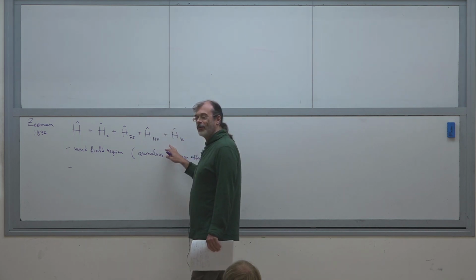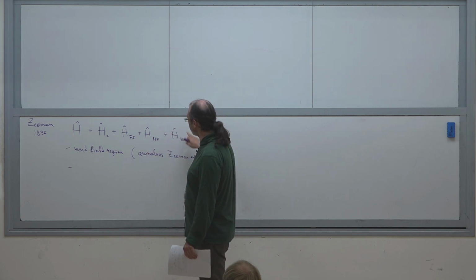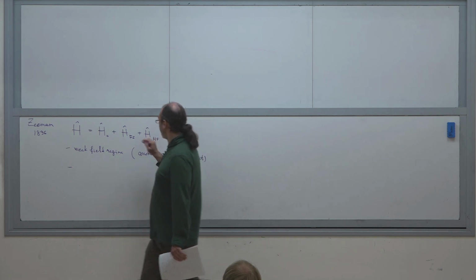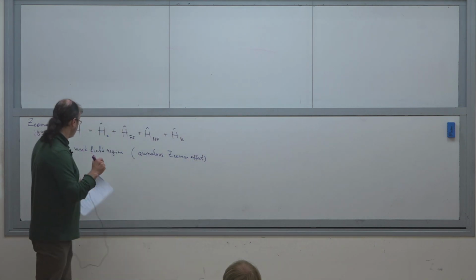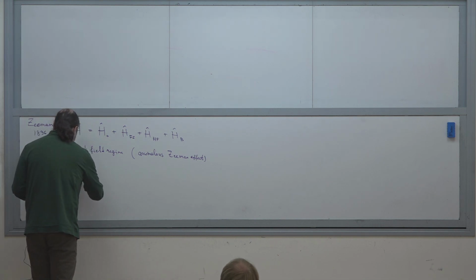And then we'll go to the next regime where this Hamiltonian actually is larger. So this one we can call the intermediate field limit.